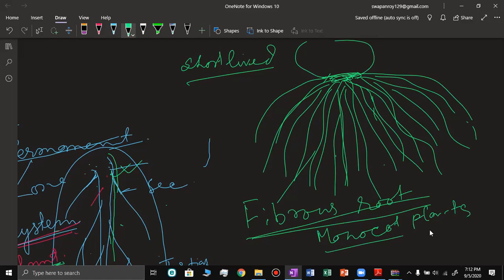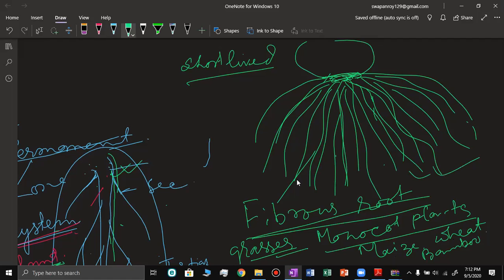Monocot plants are like maize, wheat, bamboo, grasses, banana, and many others. These monocot plants give rise to the fibrous root system.